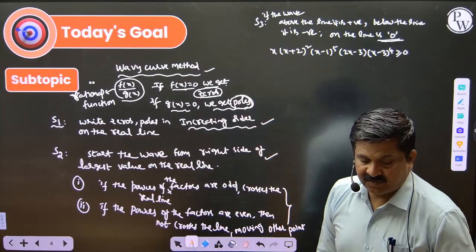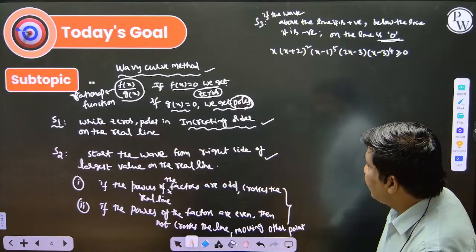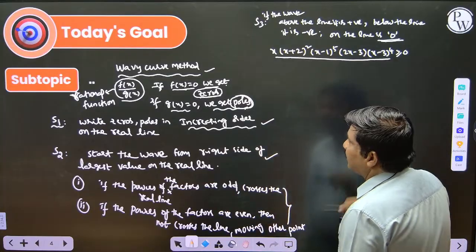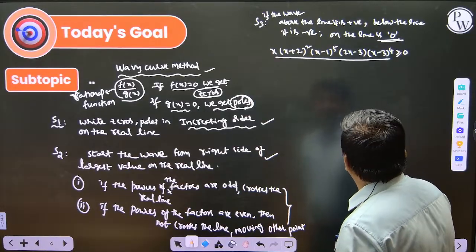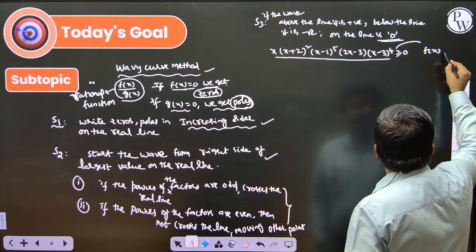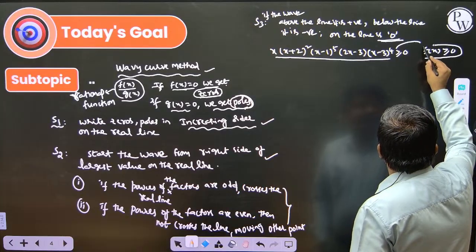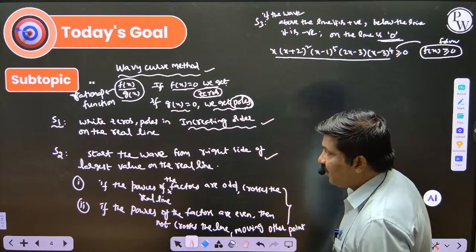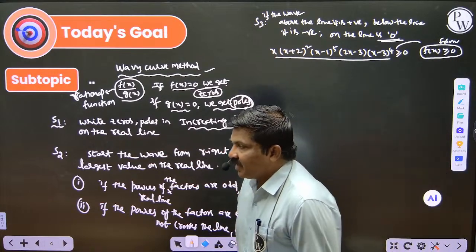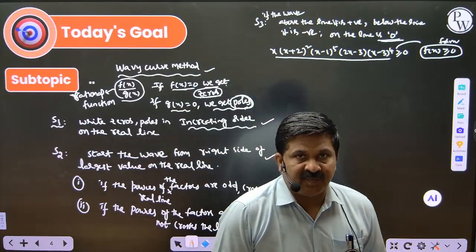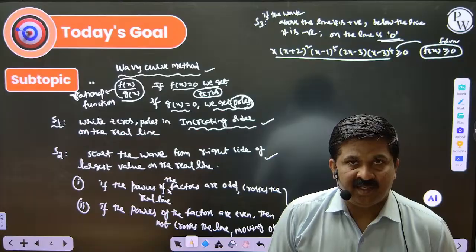This is the first one. But look here, this is only which form? F of x greater than or equal to 0 form. F of x greater than or equal to 0 means in this case we have only zeros.